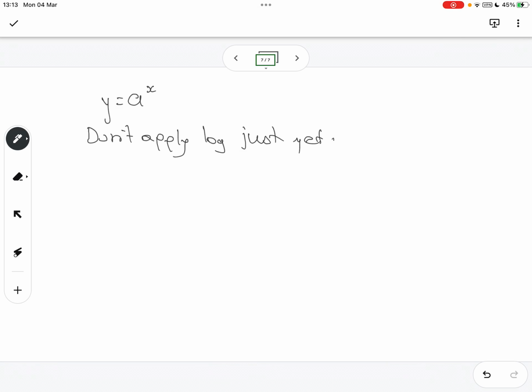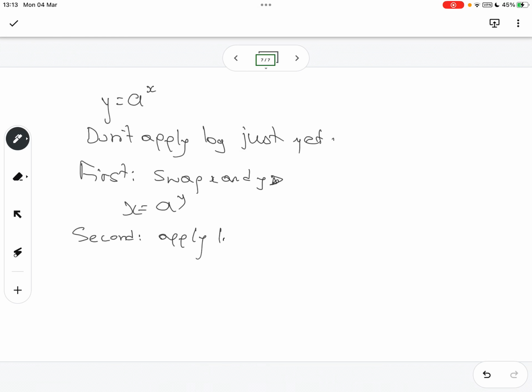We don't apply log just yet. We first start by swapping x and y, such that x equals a to the power y.